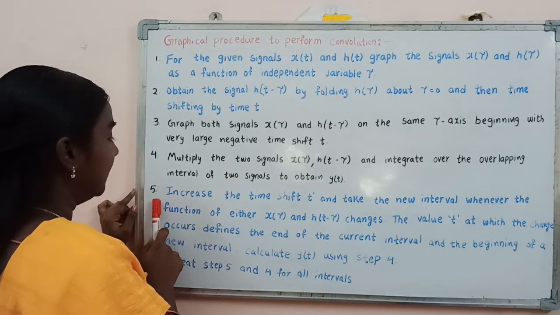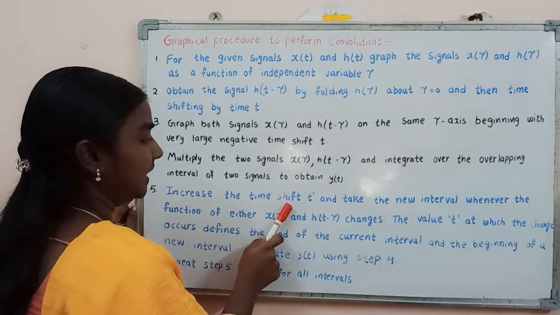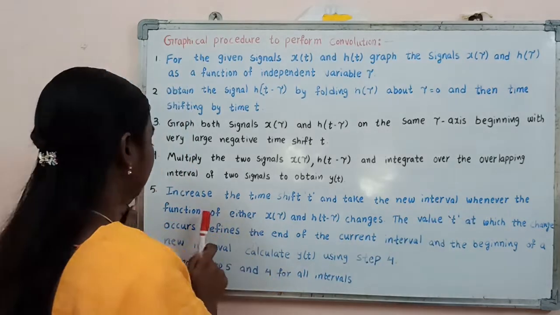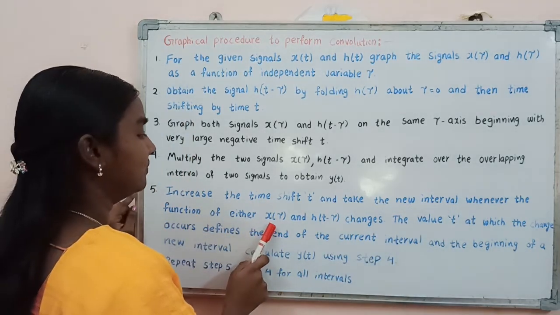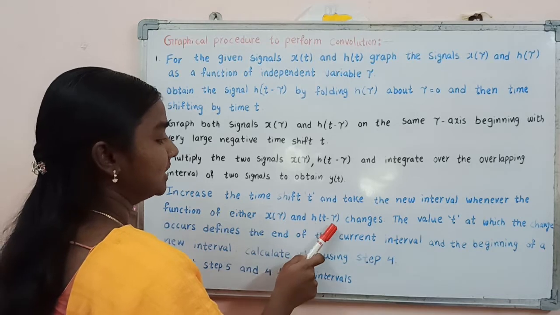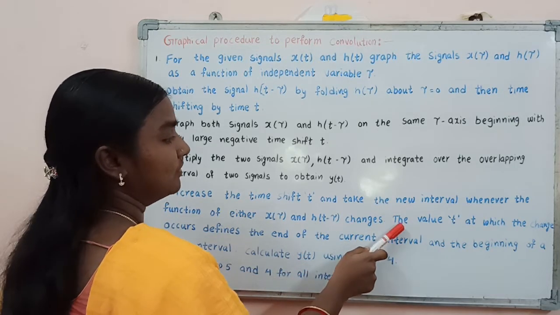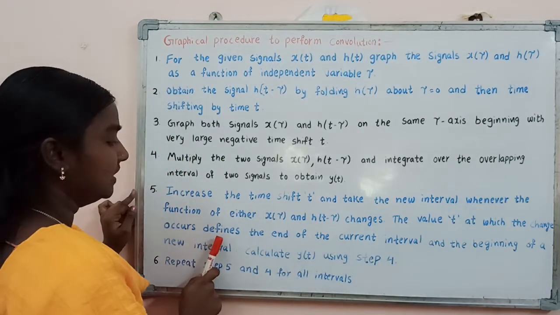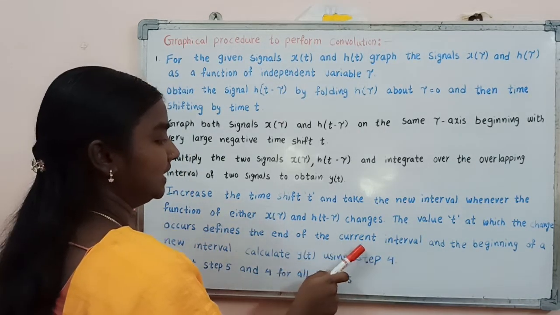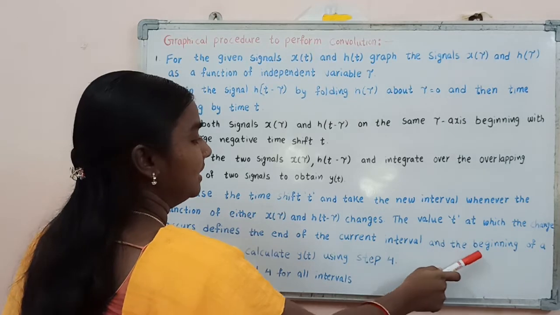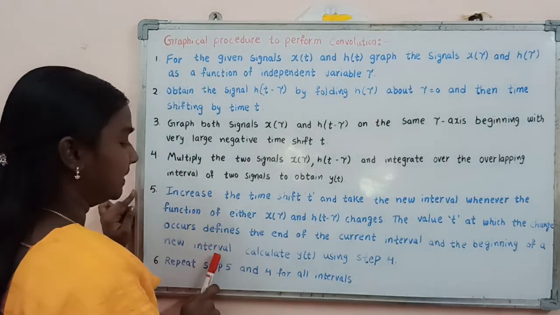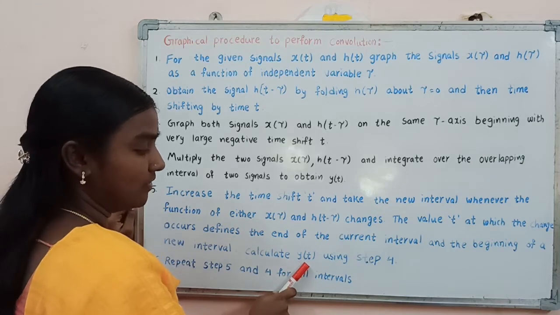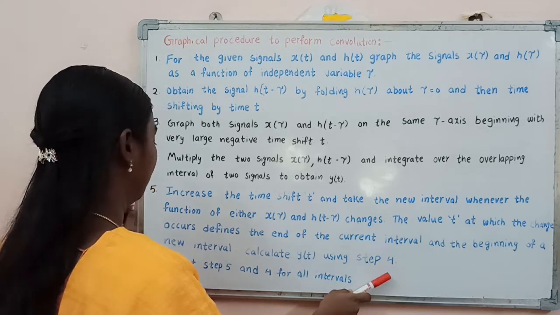Step 5: increase the time shift t and take a new interval whenever the function of either x of tau or h of t minus tau changes. The value of t at which the change occurs defines the end of the current interval and the beginning of a new interval. Now, calculate the output signal y of t using step 4.